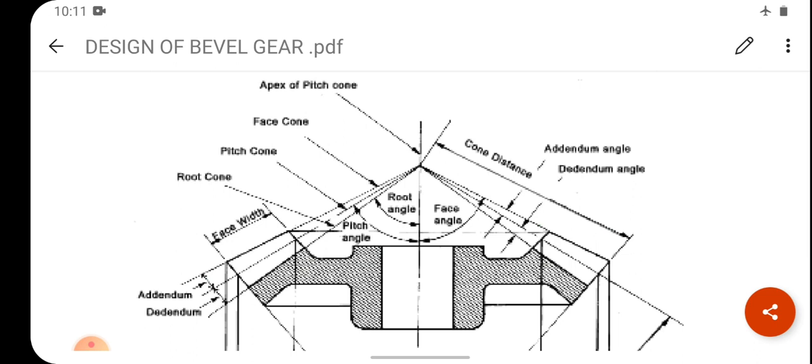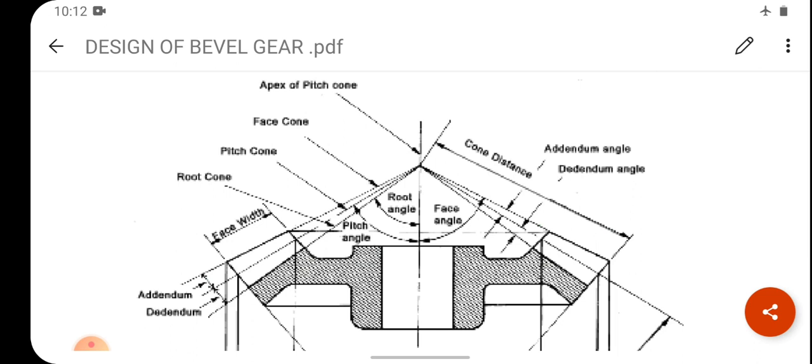Similarly, pitch cone is passing through the pitch circle. So this is known as pitch cone. And root cone is nothing but passing through the root circle. Clear? So you can analyze what is the term. First one is apex cone, second one is face cone passing through the face of the tooth, third one is pitch cone passing through the pitch circle diameter, and fourth one is root cone.